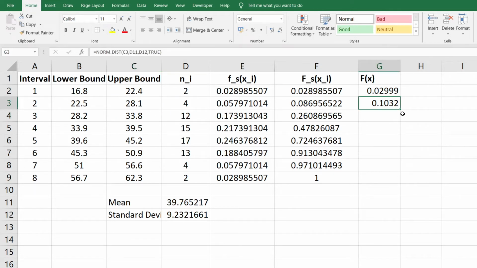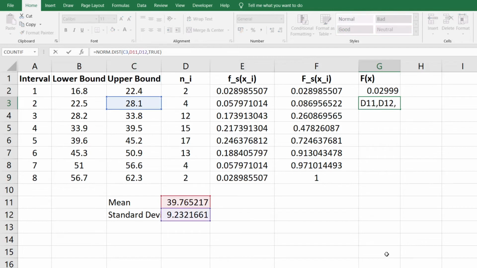We do the same. We can just drop this down, pwede, pero ayaw natin na mag-move itong mean and standard deviation. Ang gusto lang natin mag-move is itong C3 na to, okay? So ang gagawin natin, lagyan natin ng $ sign yung mean and standard deviation. And then enter.